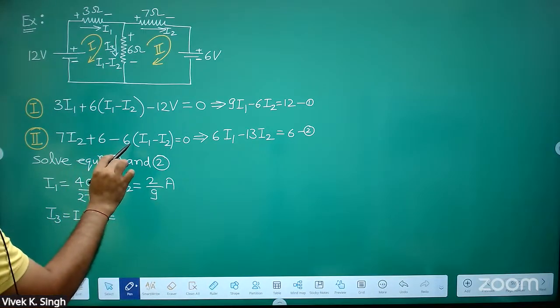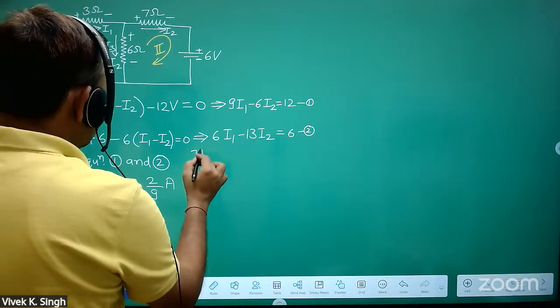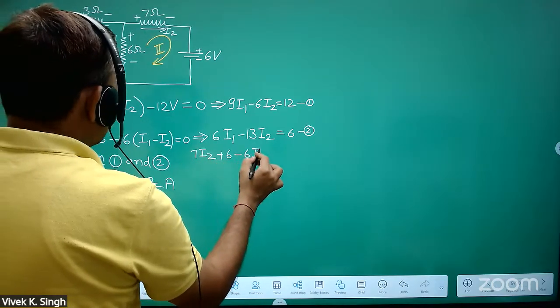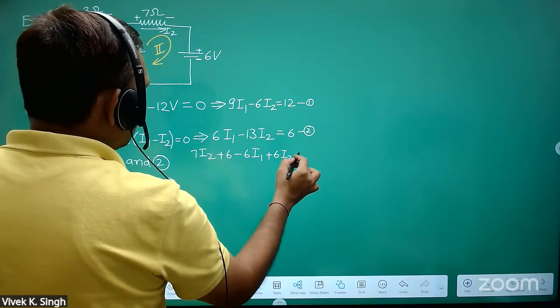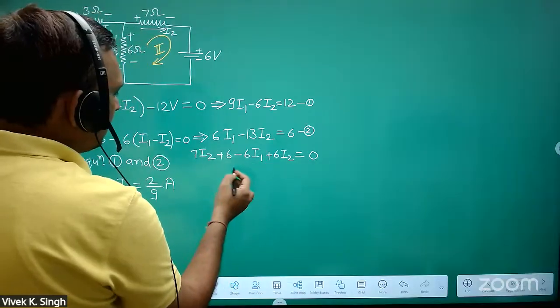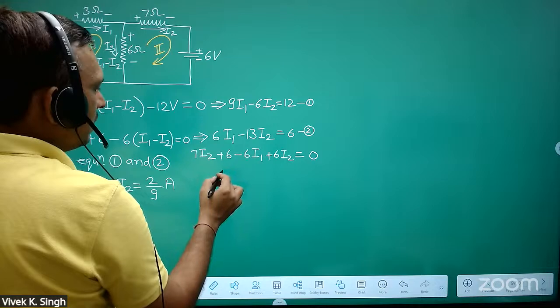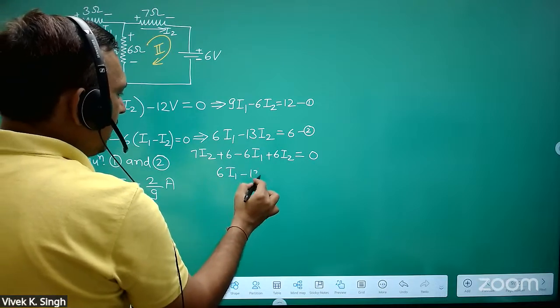Minus 6 I1. This plus 6 going to the other side will become negative. So is it correct? Yes sir. The same is written: 6 I1 minus 13 I2 is 6.